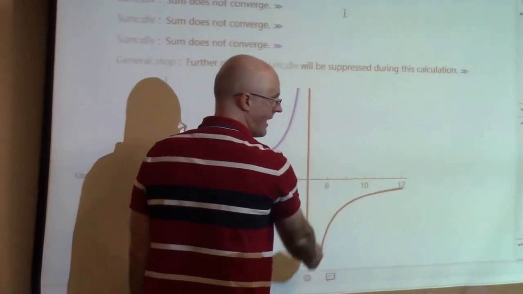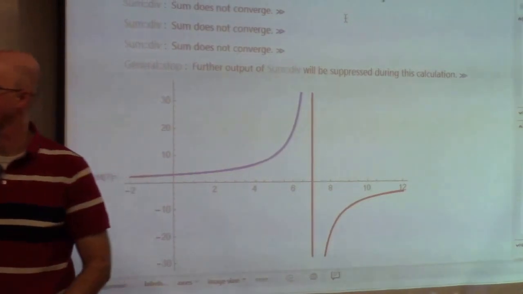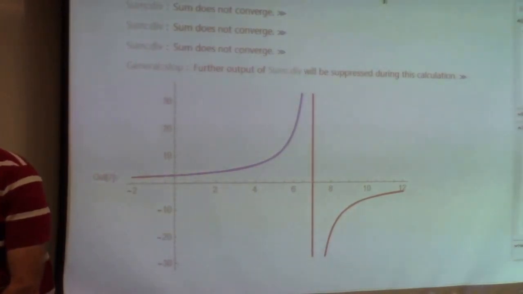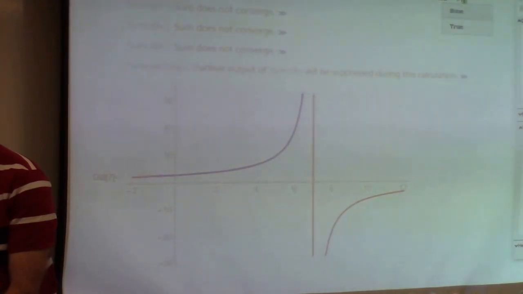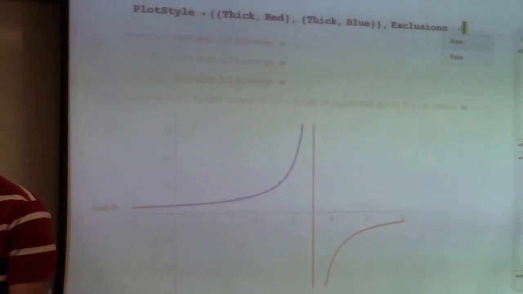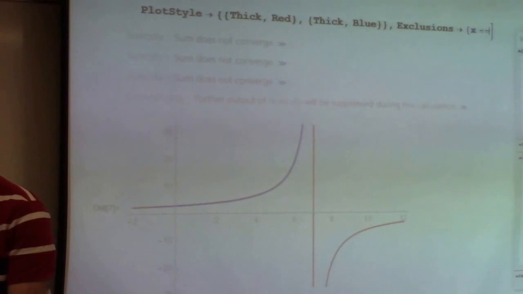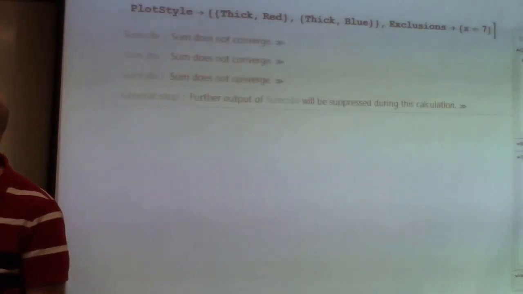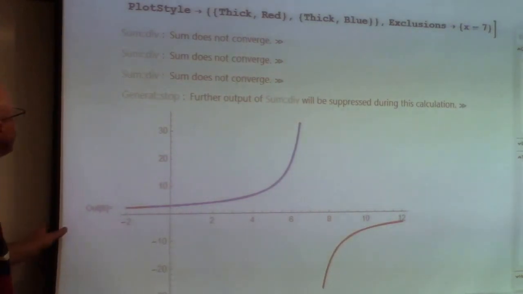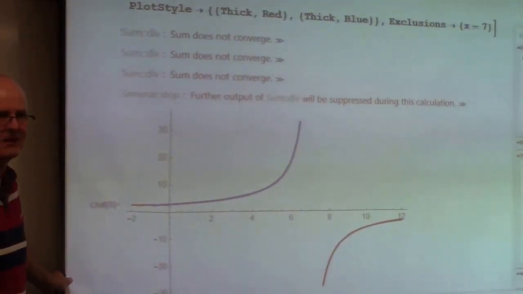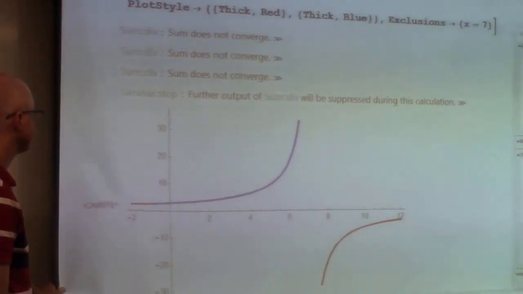Again, this is not part of the graph. It's a vertical asymptote. You can get rid of vertical asymptotes, by the way. You can do exclusions, arrow. I think I got to do x double equals 7, maybe inside the curly braces here. Yeah, I got rid of the vertical asymptote. I'm excluding Mathematica from plotting this at x equals 7.